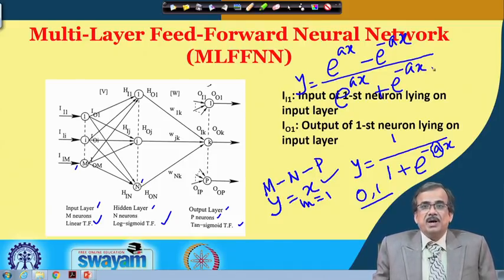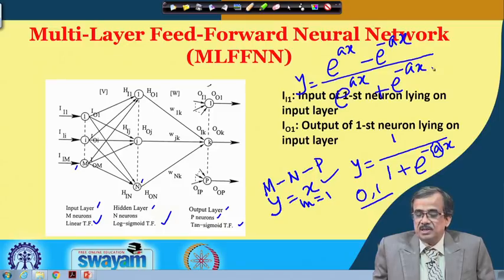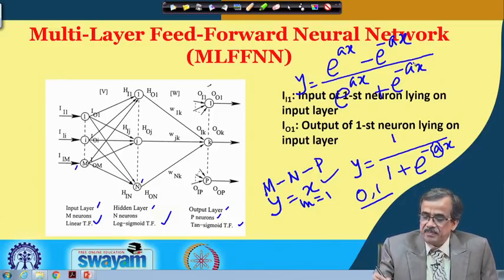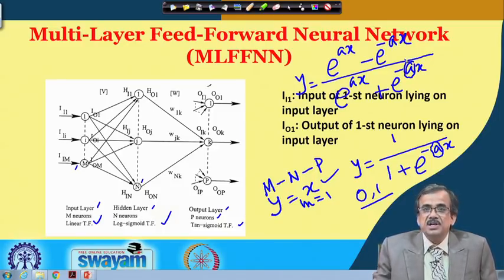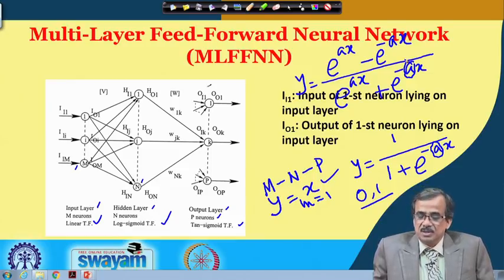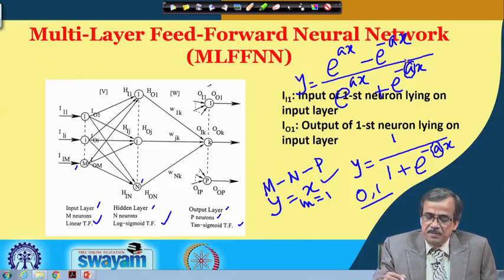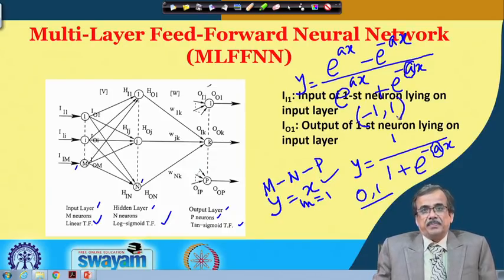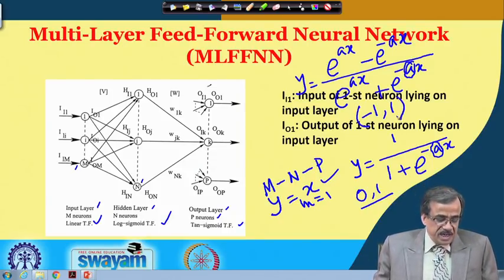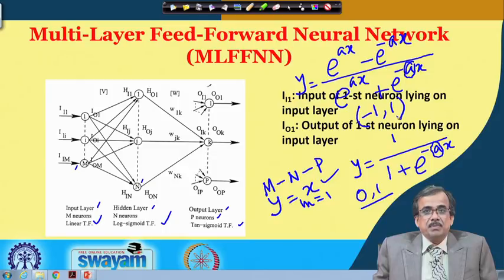So, this is nothing but the tan sigmoid transfer function, and once again the coefficient a indicates the slope of the curve. Now, the range for this tan sigmoid transfer function varies from -1 to +1. So, this is regarding the different types of transfer function used in the different layers of this particular network.